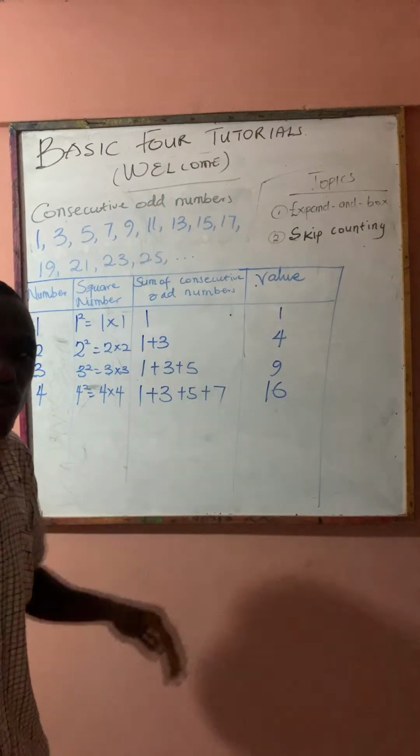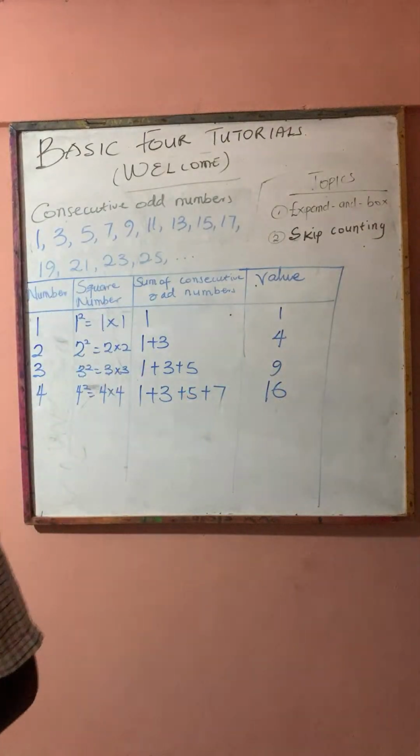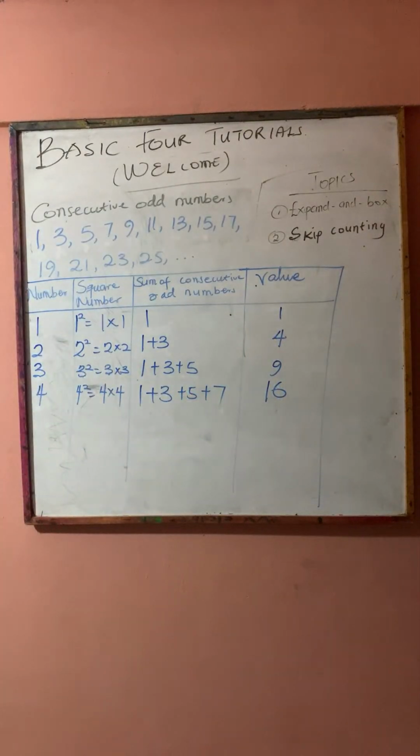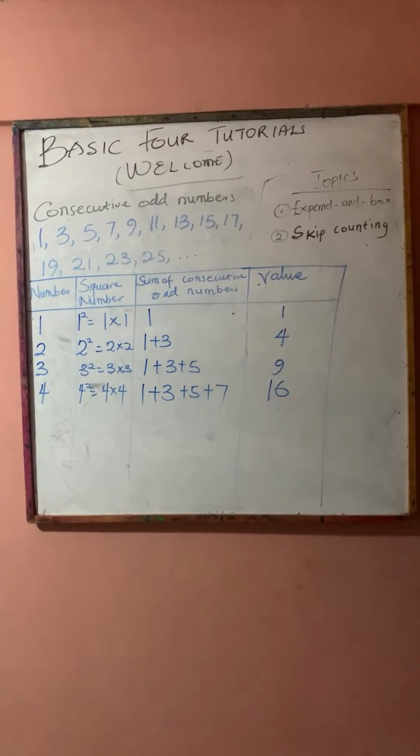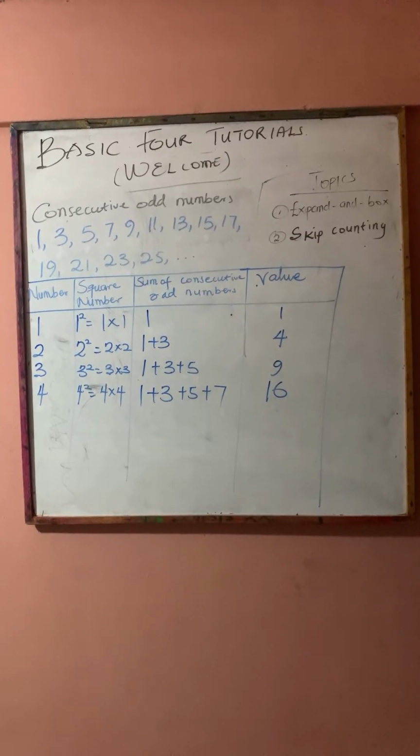Do you understand? So if you want to square 5, how many odd numbers are you going to add to give us the square of 5? Please use the comment section.